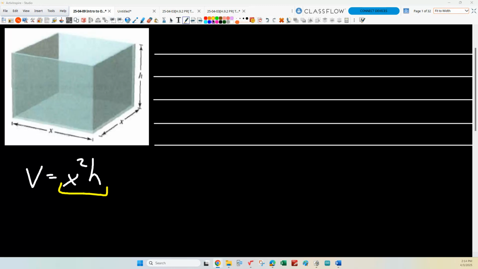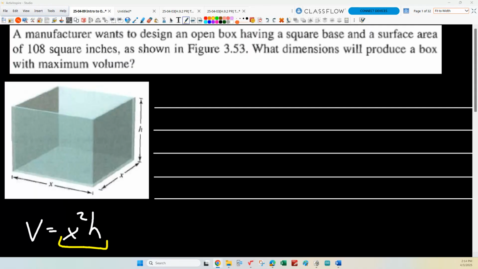If I didn't give you any constraints here, I know immediately what I would do to maximize volume. I would make this box infinitely wide and infinitely tall. And it's kind of a stupid problem then, right? There's got to be some constraint on this that prevents me from just making it infinitely big. Well, what's the constraint in this problem? Surface area. Yeah, surface area, right there.